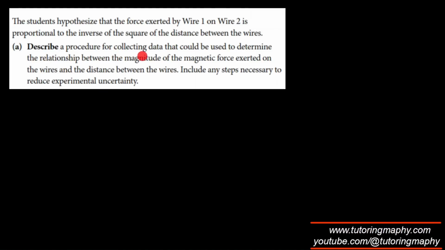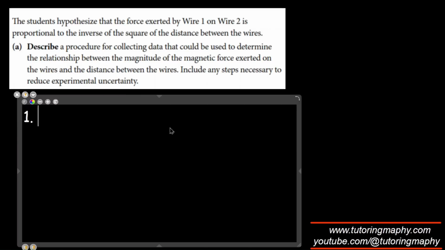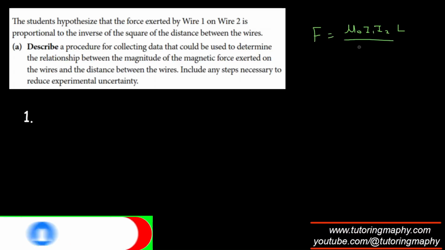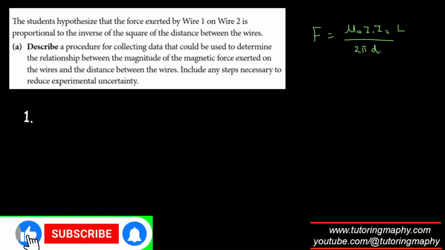So what procedure can we use, what experiment can be used to determine the relationship between the magnitude of the magnetic force and the distance, include any steps that's necessary? So first I'm going to say, we know that the force acting between the two wires is given by mu naught I1 I2 length of the wire over 2 pi times the distance.